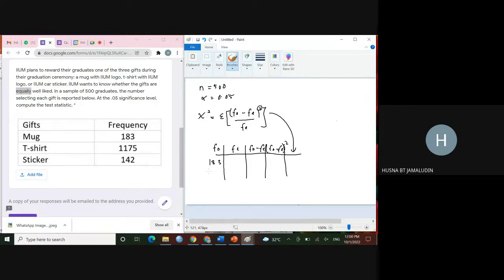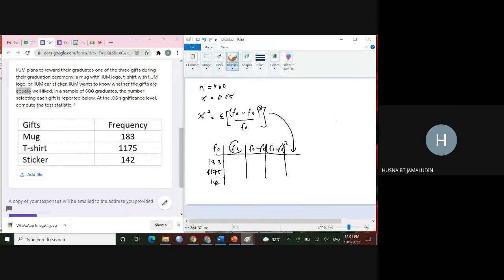If you happen to write 1175, don't worry, I will come up with a new answer sheet for that. It's considered correct because you have seen this. If some of you managed to solve 175, that's fine as well. Both are accepted. I will adjust accordingly. And then you're going to have 142. This is the observed one.